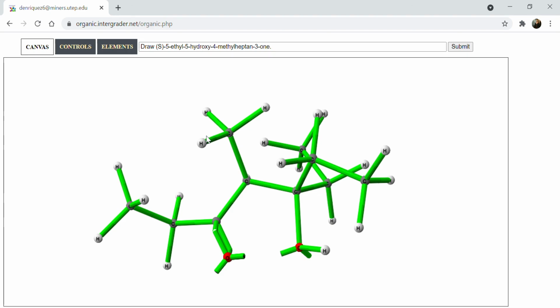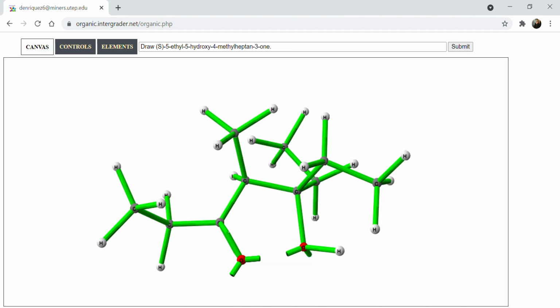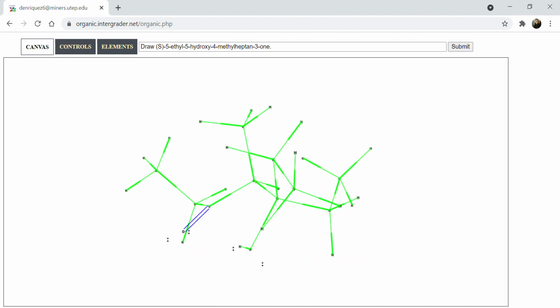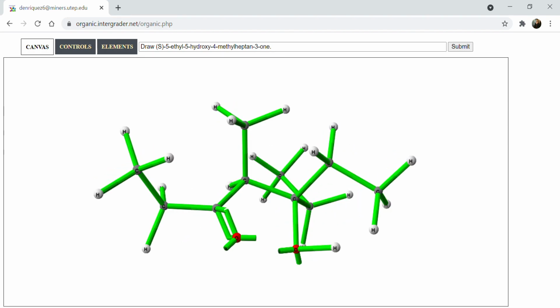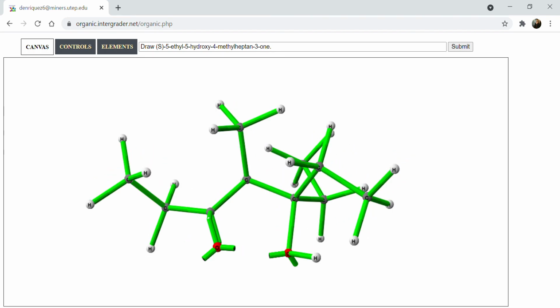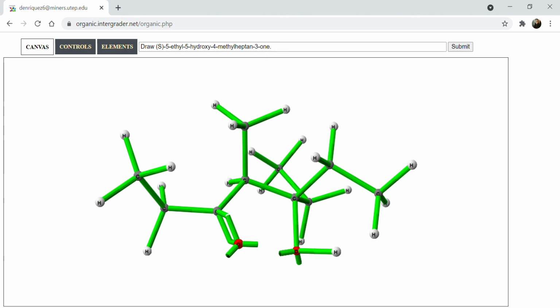Second, third, it's going counterclockwise, so this is indeed S. I'm going to leave it like this. There shouldn't be any missing bonds to carbon because all I did was add my hydrogens. I didn't move anything around.